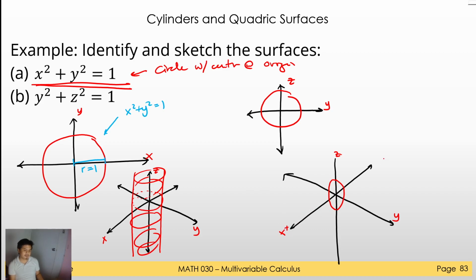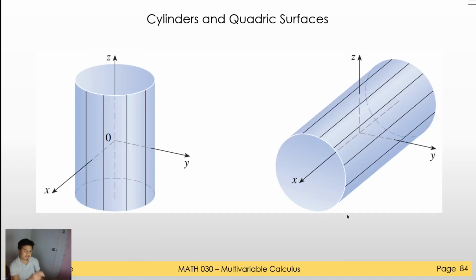This is the positive x and this is the negative x, so this circle will continue everywhere. The surface here will be a cylinder that looks like this. So we have a vertical cylinder and a horizontal cylinder using these two equations. That is a cylinder.